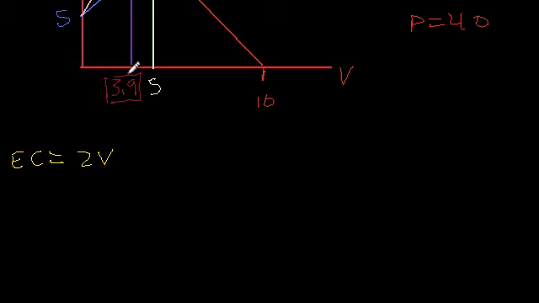So we know what V is at this optimal point. It's 3.9. So 2 times 3.9, and that is going to be 7.8, if I'm not mistaken. Let me just get my calculator to double check that calculation. Yeah. And so that's what we expect this value to be.